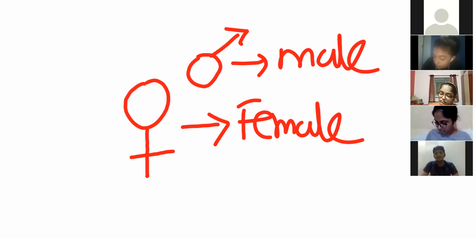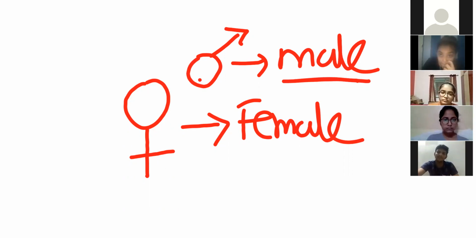Right? So if in a flower only androecium is present, we can say that it is a male flower, so represent it this way. If in a flower only gynoecium is present, meaning calyx, corolla and gynoecium, without the male part, then we call it a female flower.